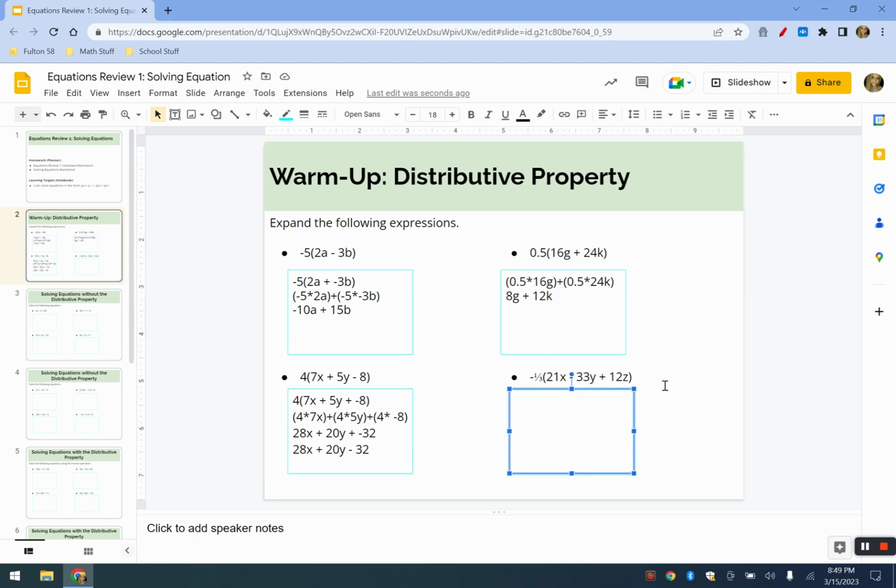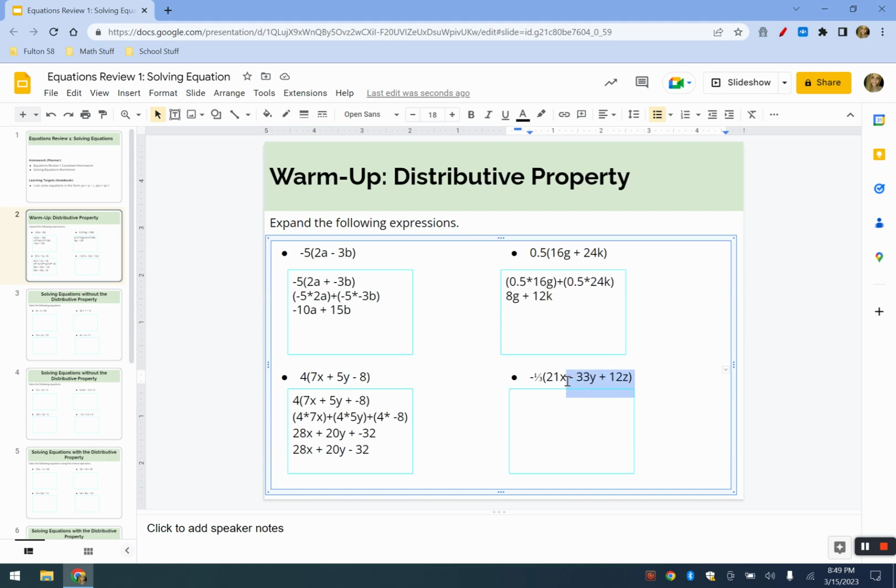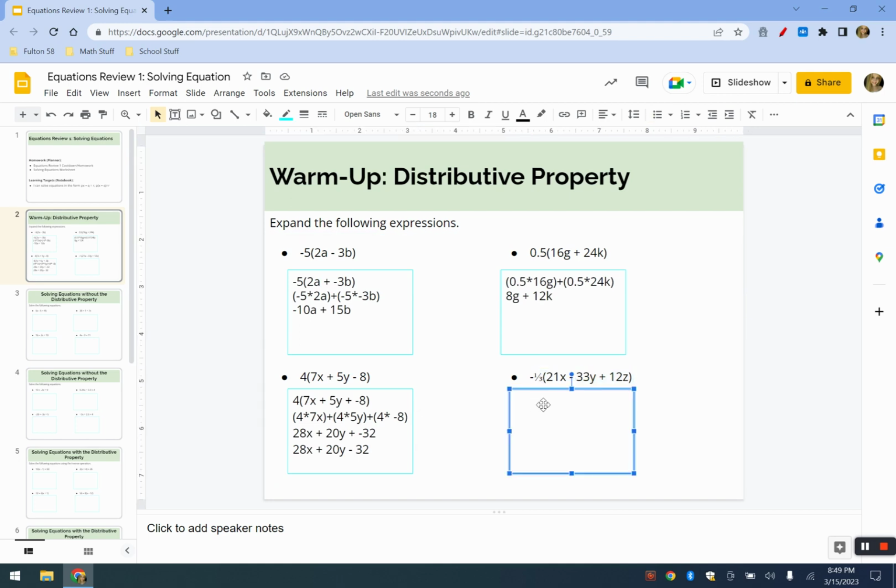And the last one, again, we're going to start with rewriting subtraction as adding a negative. And now we can multiply. I'm going to copy this so I don't have to keep doing it.